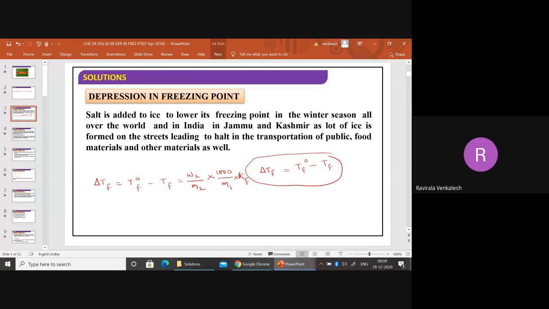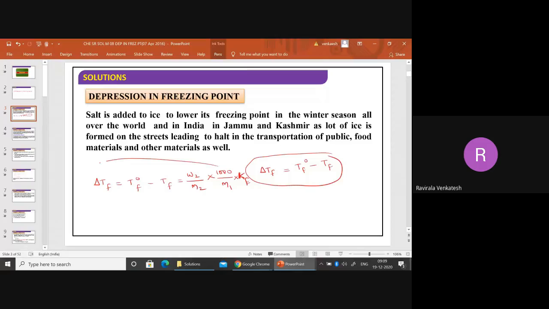In the place of Kb, I have taken Kf. What is Kf? The molar depression constant, or cryoscopic constant. This is the depression constant. That one is called the ebullioscopic constant, the molar elevation constant. This is called the cryoscopic constant, the molar depression constant.